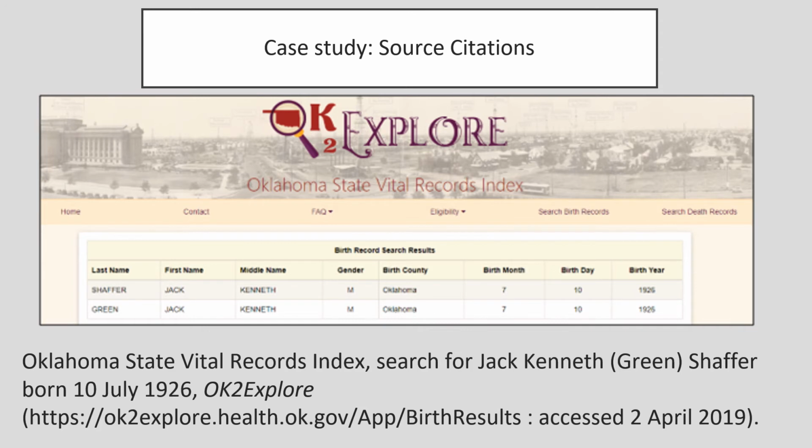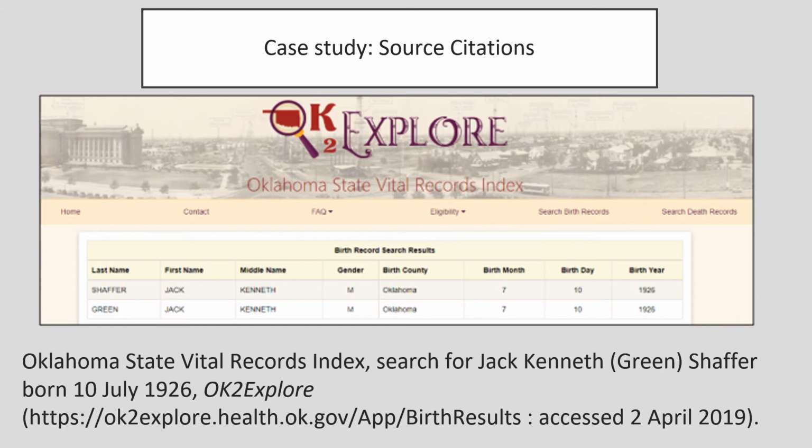So let's take a look at what I discovered and how I created some source citations. In this example, this is what I found when I did the search for the birth certificate. I actually found 2 birth certificates, well, indexed 2 birth certificates, and notice that the surname of Green is now showing up again.